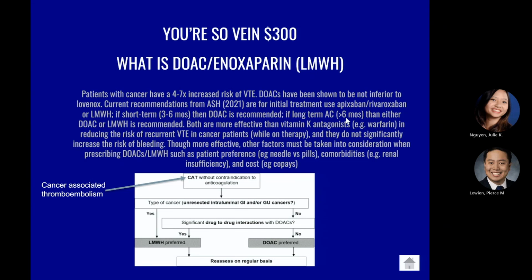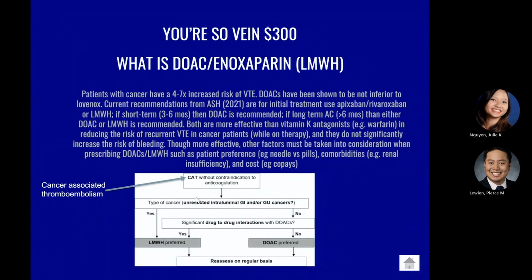But if it's a longer term, more than 6 months that you're anticipating the anticoagulation need, then you could do either or. Both are more effective than the warfarin vitamin K antagonists in reducing the risk of recurrent VTE in cancer patients. And also both of them do not significantly increase the bleeding risk.